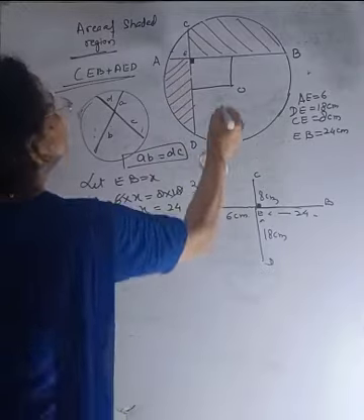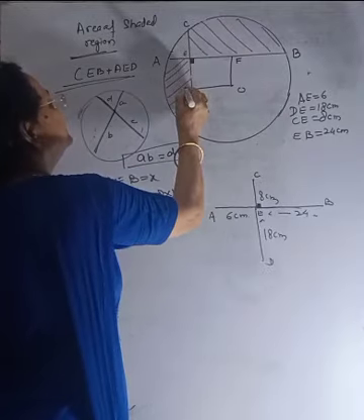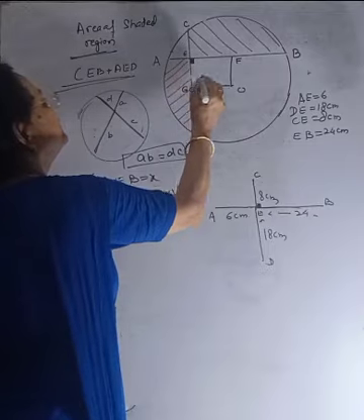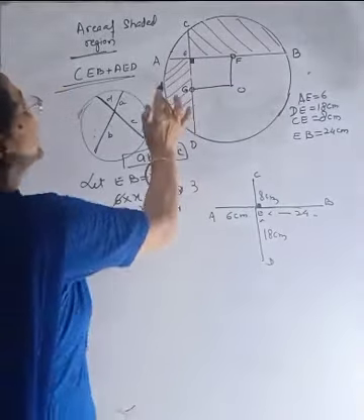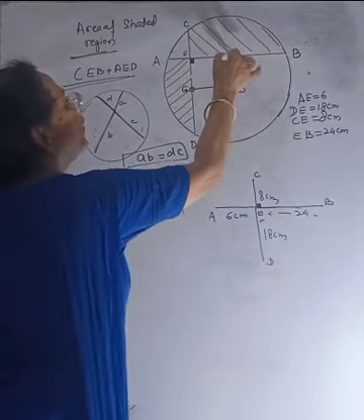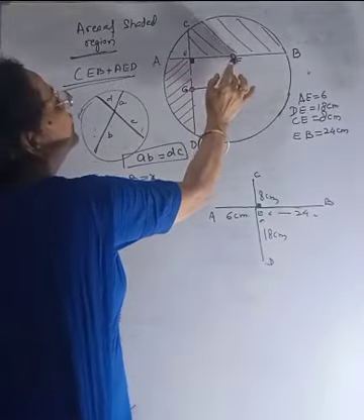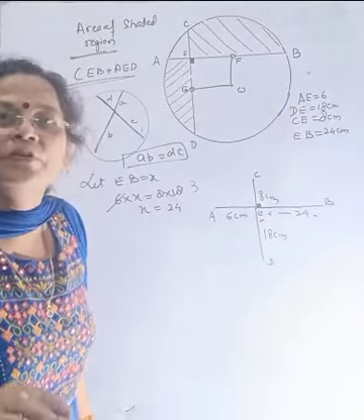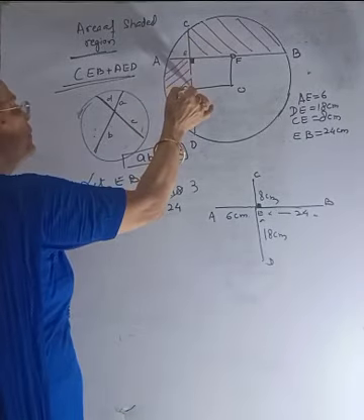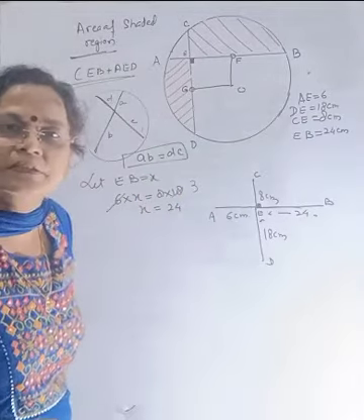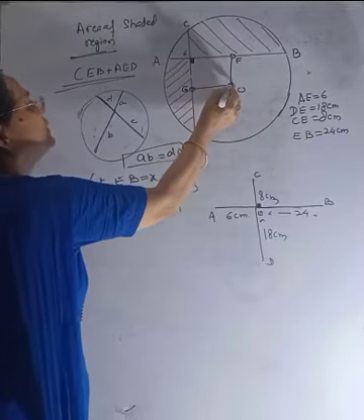Let us suppose this point is F and G. This point is G, this point is F. So as per the theory, AB will be divided into two portions by this perpendicular, that is AF will be equal to FB, and CG will be equal to GD, because we have dropped perpendicular from the center on the chords.